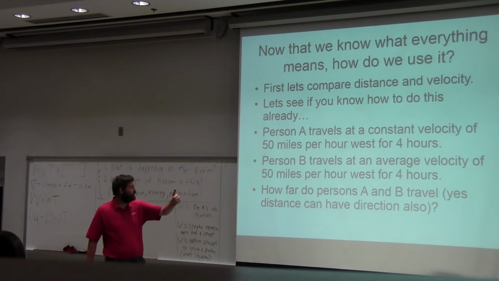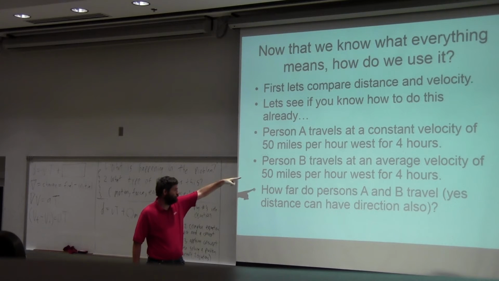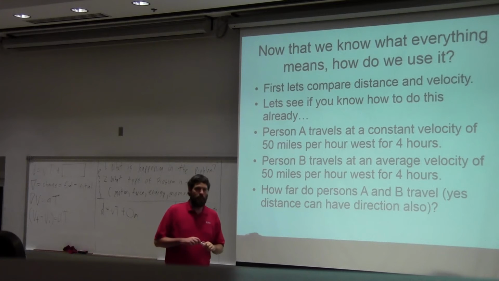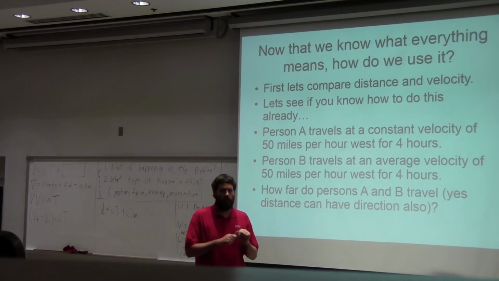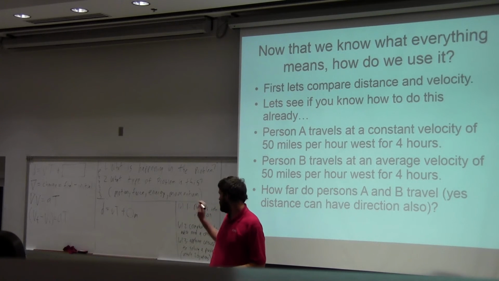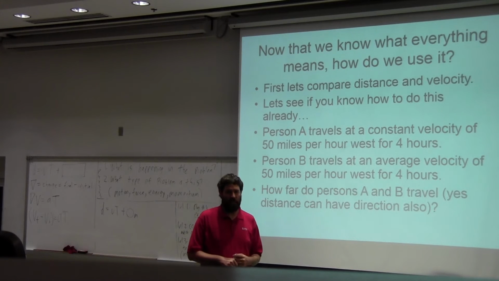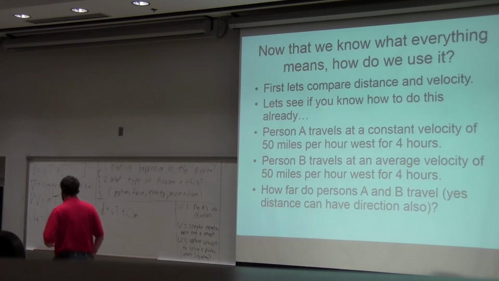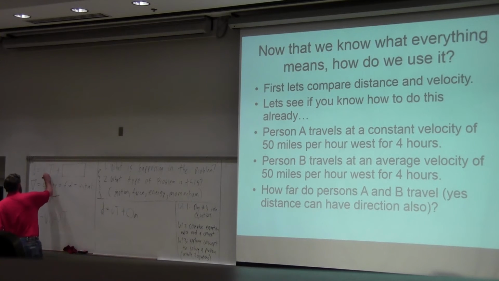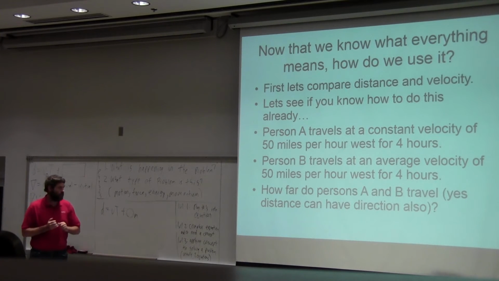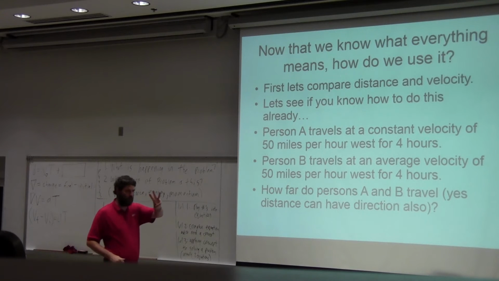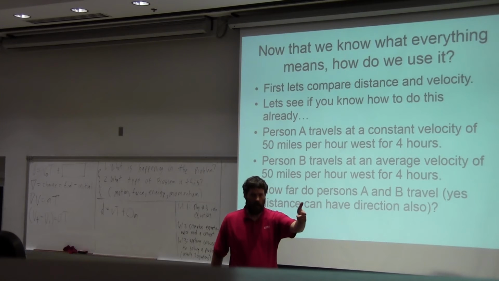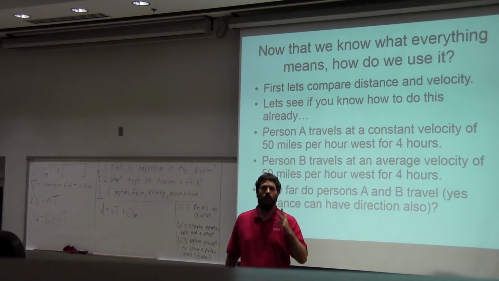An average velocity, which we have in part B, or a constant velocity, which we have in part A. If you don't have a constant or an average, you can't use that equation, because what goes in for v is actually going to be slightly different. We actually use what's called the initial velocity, which is a different type of velocity than average or constant. So there's three types of velocities: average velocities, constant velocities, and instantaneous velocities.